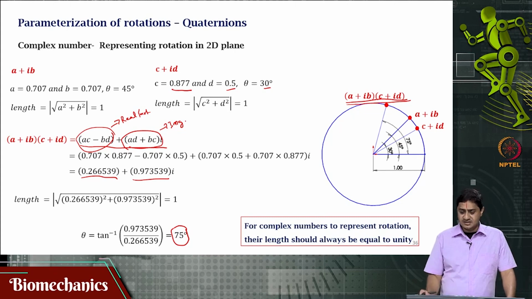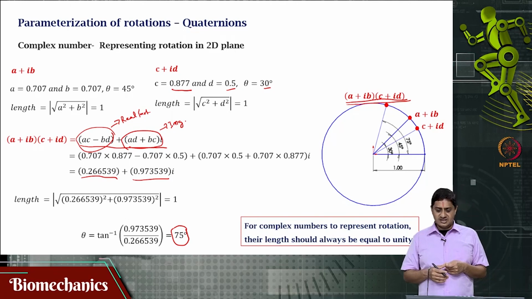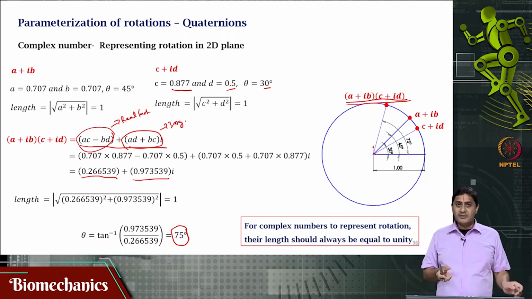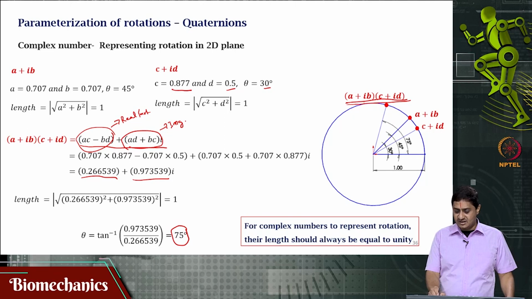What this means is that multiplying these two complex numbers essentially implies that I am adding these two rotations one after the other. First I am doing a plus ib, then I am doing c plus id, resulting in this composite rotation that is the sum of the two individual rotations, 30 degrees and 45 degrees.